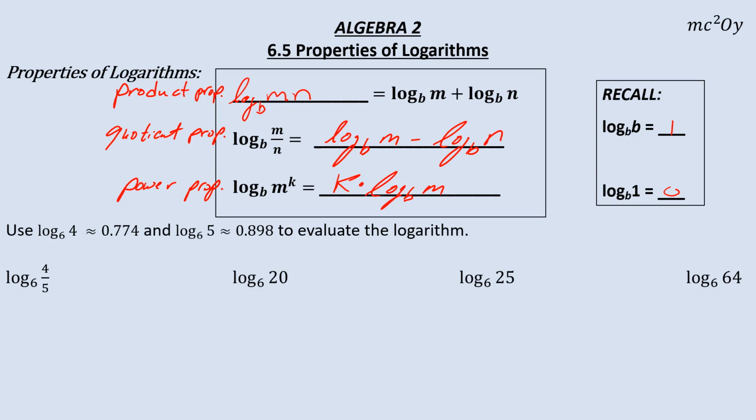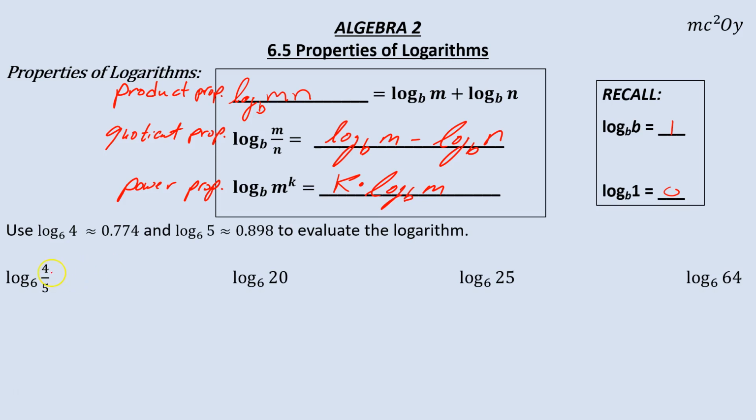First, it's nice to have these properties so we can combine logs, we can expand them, we can condense them. We also, using those properties, can evaluate logs if we know what an approximation for a log is. So for instance, if we know log base 6 of 4 is approximately 0.774, and log base 6 of 5 is approximately 0.898, we could evaluate log base 6 of 4 over 5.